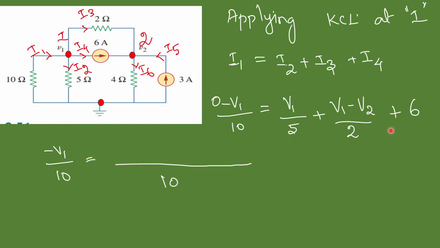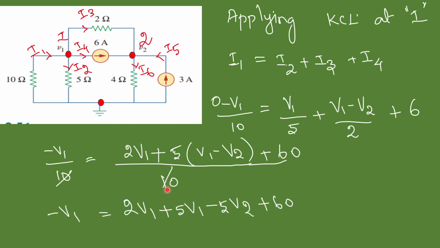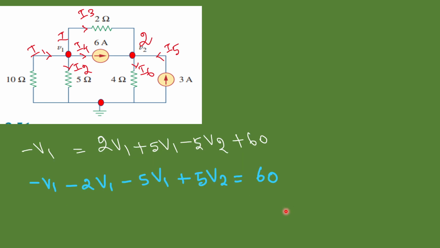That is equal to, if you take the common denominator as 10, then this becomes 2V1 and this becomes 5 times V1 minus V2 plus 60. Then we can cancel out these two and write this as minus V1 equal to 2V1 plus 5V1 minus 5V2 plus 60.